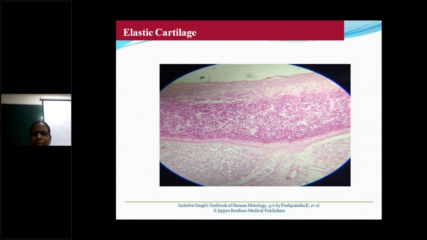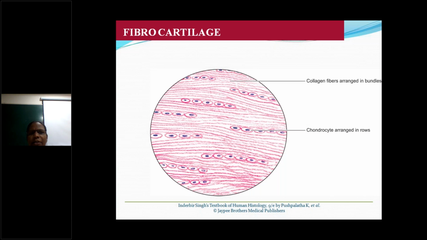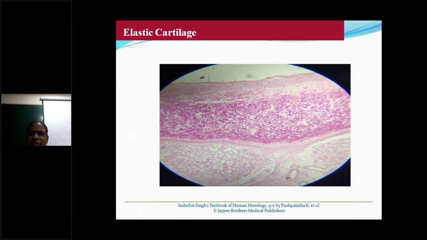The matrix is the same; territorial matrix and interterritorial matrix are also present here. Next, coming to the third cartilage, the fibrous cartilage. Examples of elastic cartilage are the epiglottis, which is the slide we are seeing, the pinna of the external ear, and the eustachian tube also.